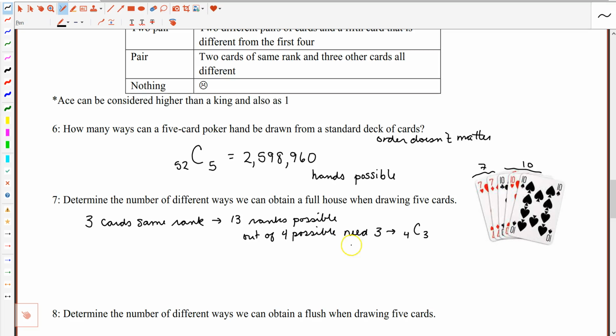So overall then, this would be once you lock in your rank how many choices you have, and then we need to multiply that over the different possible ranks, because we don't necessarily need to get 10s, you have 13 possibilities that you could have there. So this is then going to be 13 times, and then this computation gives you 4. So there are 52 ways of getting the 3 cards of the same rank. So let's break this down to the other case, which is the 2 cards of the same rank.